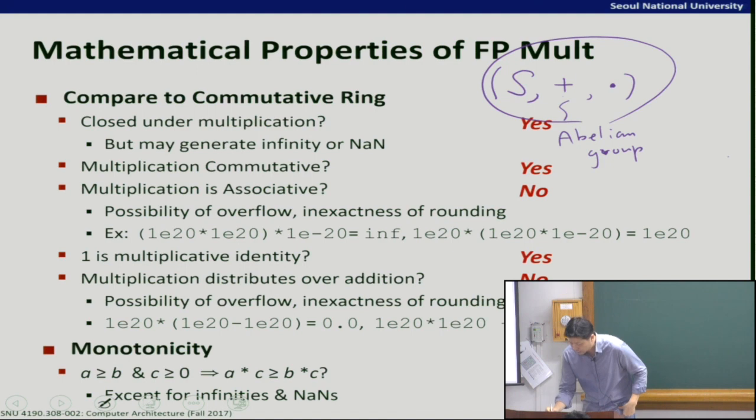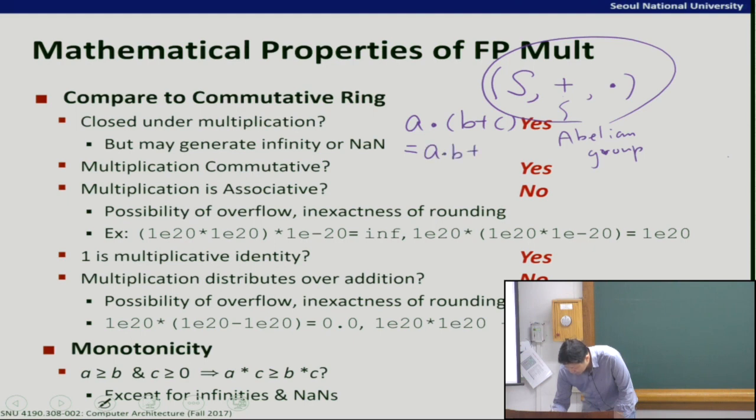So not only must the individual operation be a group, but it should also satisfy the distributive law. 분배 법칙이죠. The distributive law is something you already know, right? A dot (B plus C) is equal to A dot B plus A dot C. If this condition is satisfied, then this set plus two operators form a commutative ring. Okay, this is the definition.